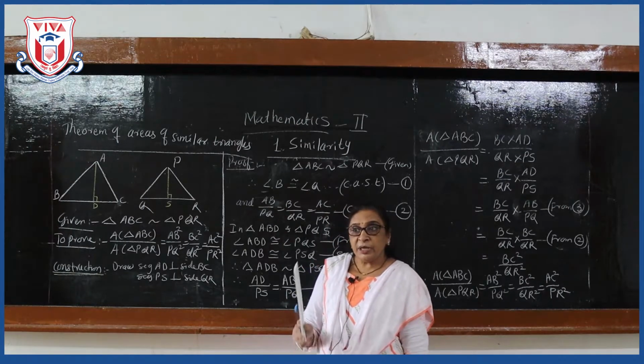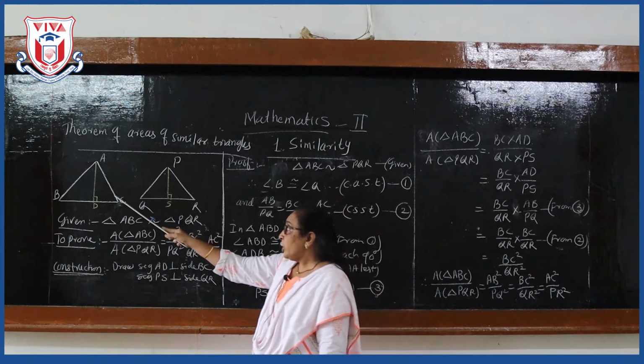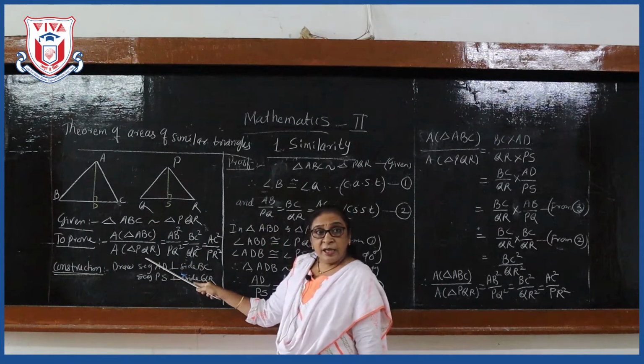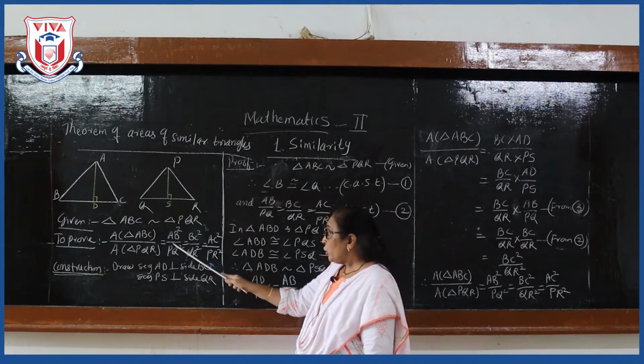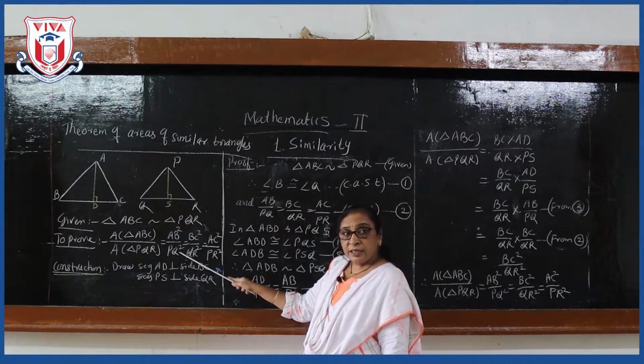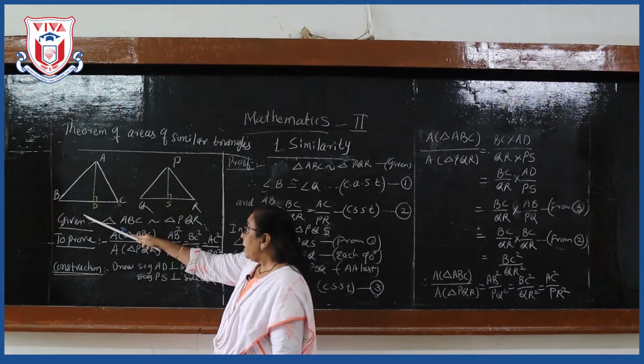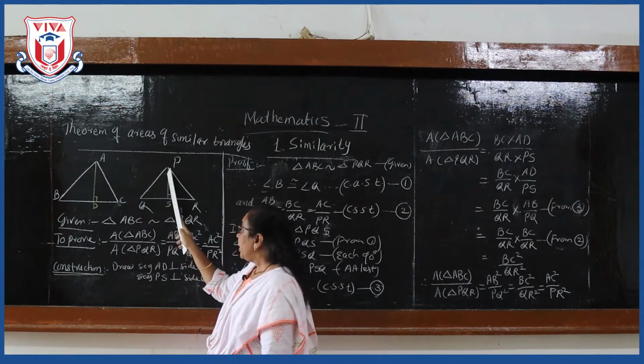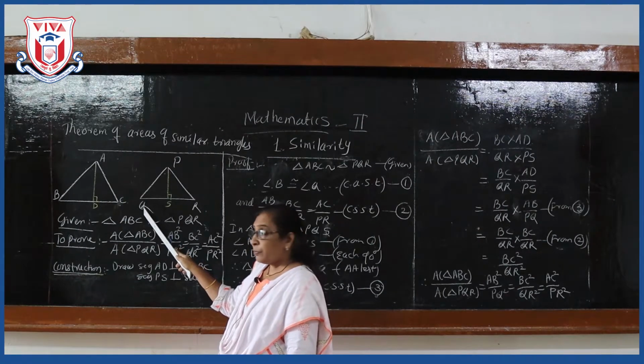That means if the triangles are similar to each other, then the ratio of their areas is equal to the ratio of the squares of their corresponding sides.